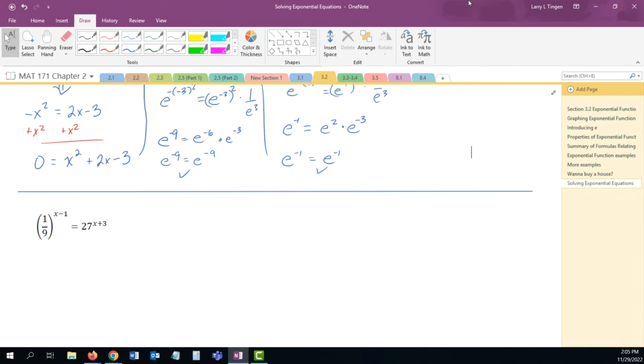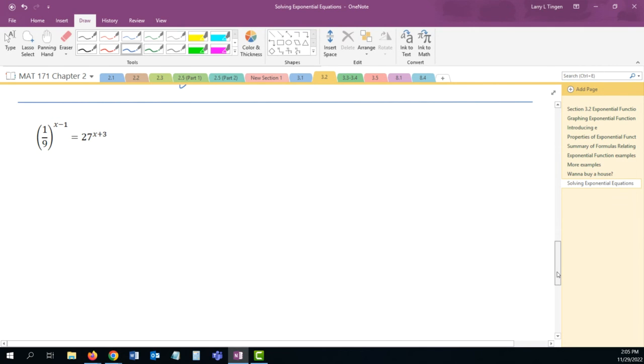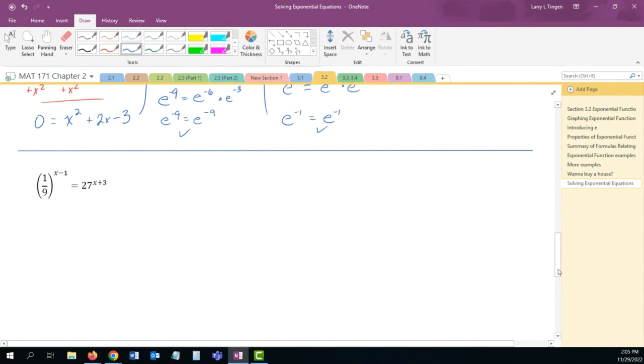This last chapter feels like it just falls out of the sky. The power rules, the exponents, the fractional powers, all that stuff feels alien because if you did it, it wasn't very long, and now we're focusing on it.